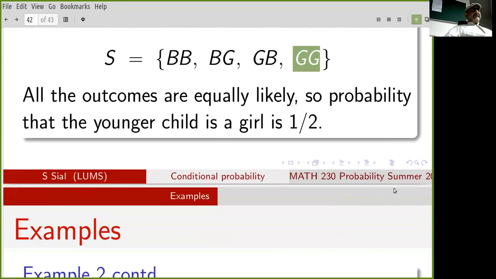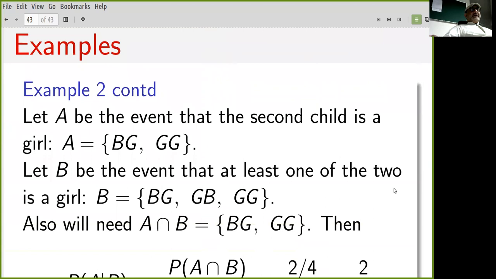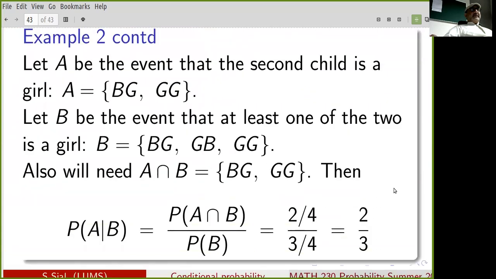So half. Let A be the event that the second child is a girl. So A is boy girl, or girl girl. And let B be the event that at least one of the two is a girl. Then that's boy girl, girl boy, and girl girl.